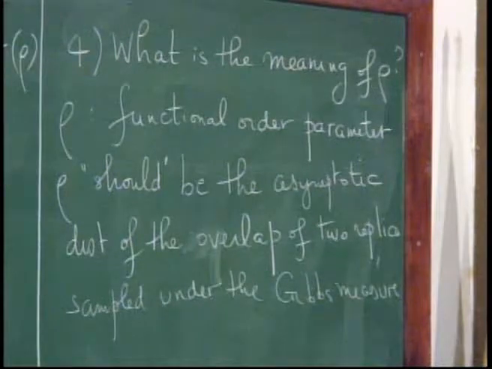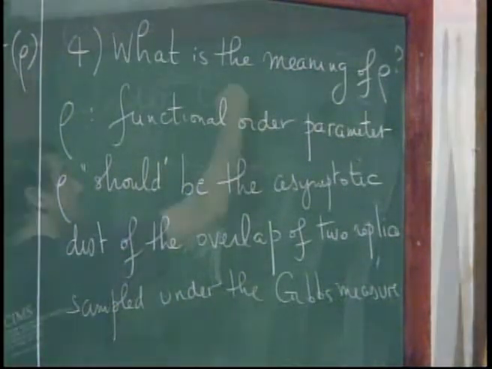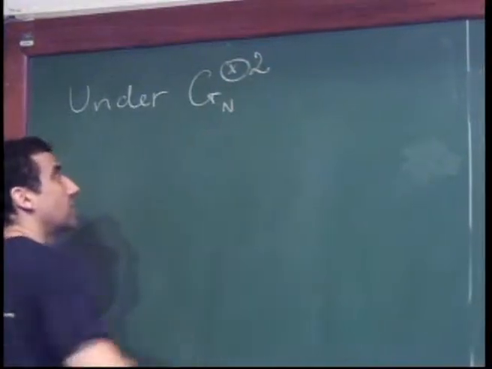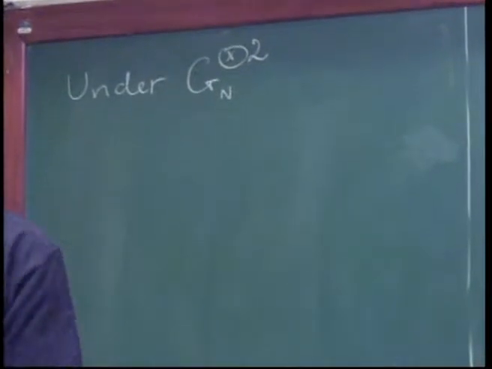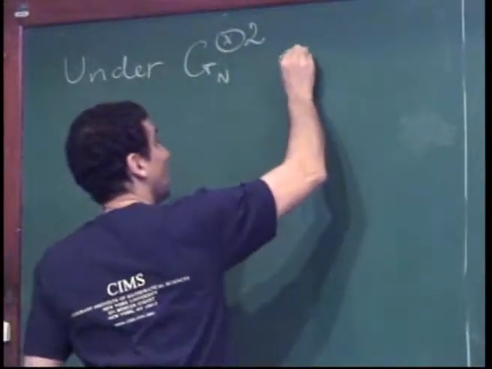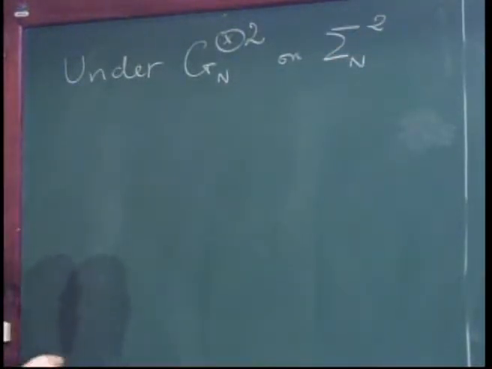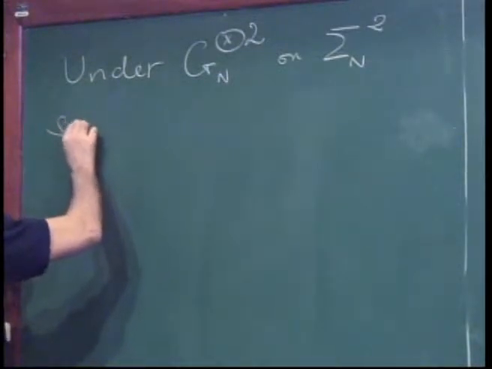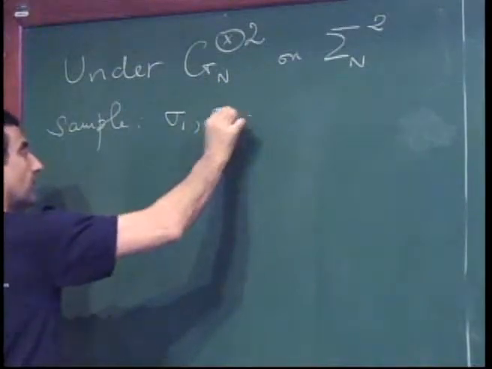So imagine that you have the Gibbs measure, G_n, and so under G_n squared, you take the product of the Gibbs measure by itself, which means you sample. So this is a measure on the cube squared, right? So you pick two replicas, sigma 1 and sigma 2.